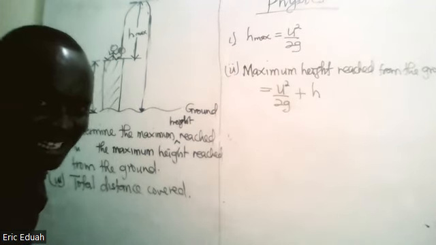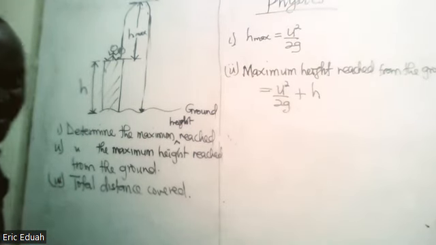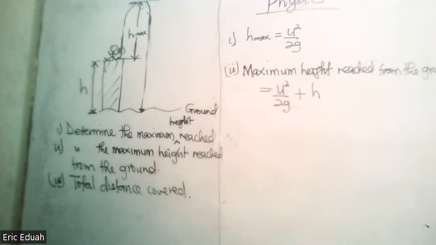Hey, Yaba again. Okay, Yaba. U squared over G plus H. Wow. Fantastic. That's true.